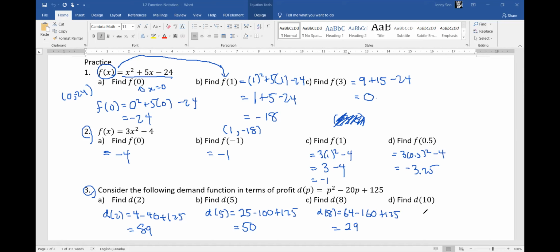Please double check. The answer key is correct, but I'm not using my calculator right now. So 10 squared, negative 20 times 10 is negative 200, plus 125, negative 25. All right. Want to double check? I'll give you a second. Might want to check my math to make sure I'm not doing it wrong.